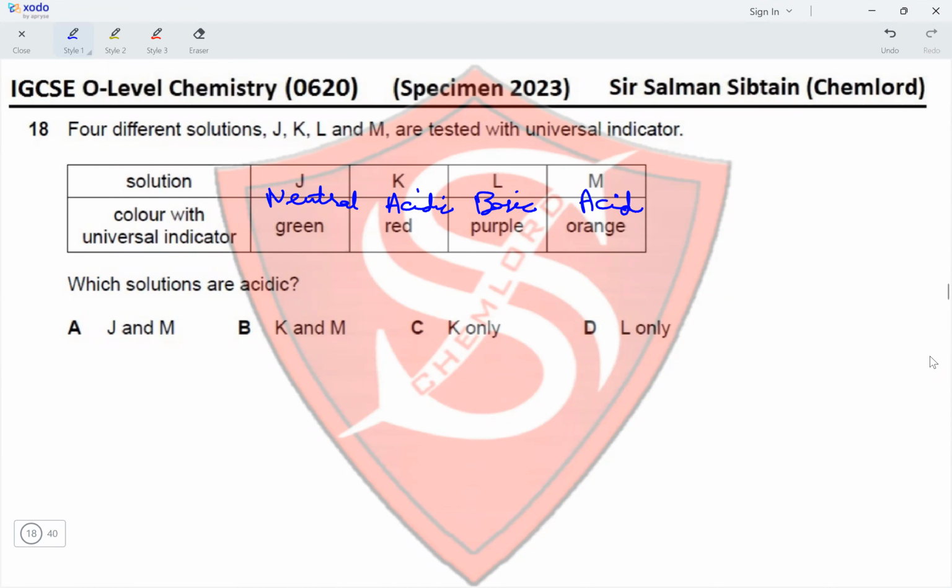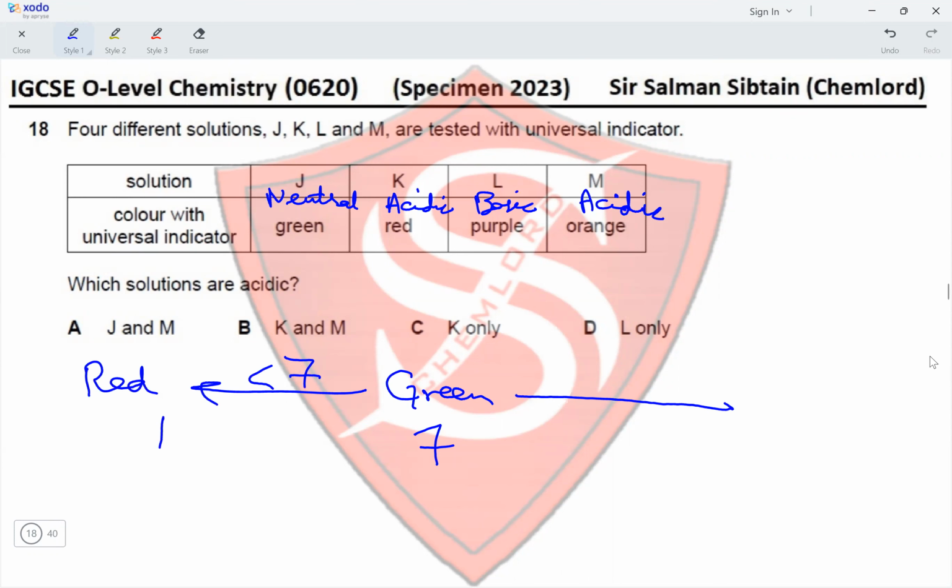So what we need to remember is that universal indicator with a pH of 7, or neutral, will have a green color. At pH less than 7, it would be the acidic range. The color would be red. So between red and green, which includes orange and yellow, it would be acidic.